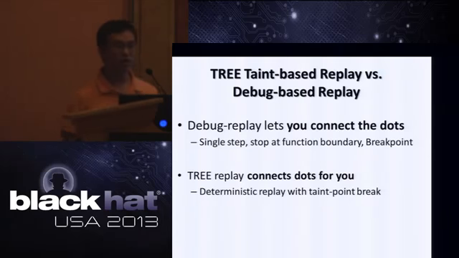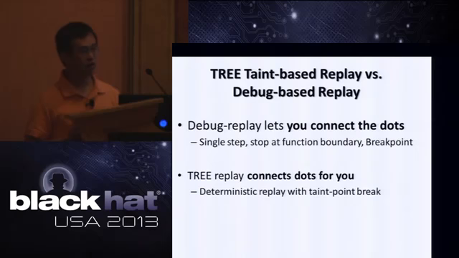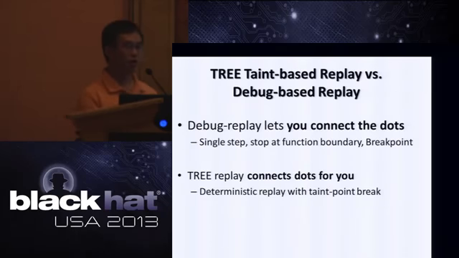So tree does it differently. It asks you to provide the data that you are interested in at the beginning from our GUI. Then you can choose what kind of way you want to track. You want to track how the values propagate, or you want to track how your data affects the control flow, the branch points. So you make that choice.